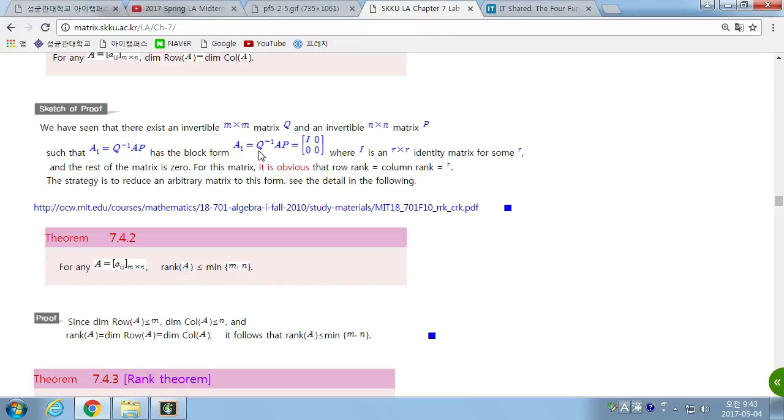Actually, for an arbitrary matrix A, there always exist non-singular, invertible matrices P and Q such that Q inverse AP is like this, where I is the R by R identity matrix for some R, which is the rank of A, okay, and the rest of the matrix is 0. For this matrix it is obvious. What is the rank of this matrix A1?